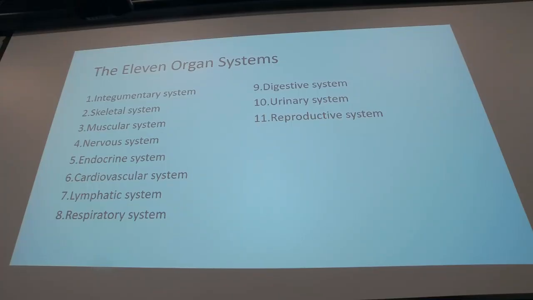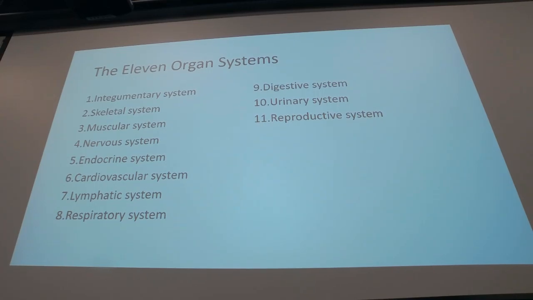Here are the names of the organ systems. Integumentary, which includes skin, nails, hair, and glands, including the mammary gland. We will study the mammary gland in the reproductive system, but it is actually part of the integumentary system.